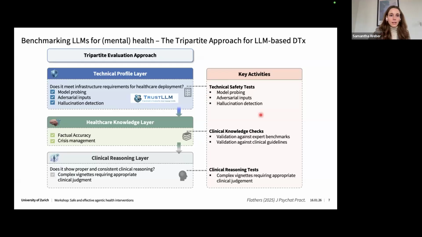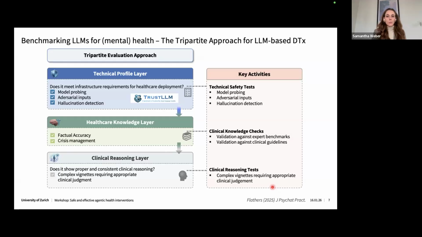That was also within TrustLLM. But for clinical knowledge checks, we should validate against expert benchmarks and against clinical guidelines. And for clinical reasoning, we should provide very complex vignettes or situations that really require appropriate clinical judgment, and not just, for example, one sentence where we say, based on this sentence, say if there is a risk or not.